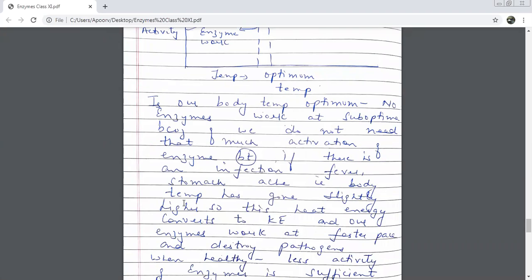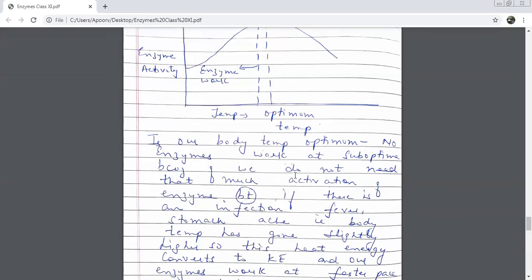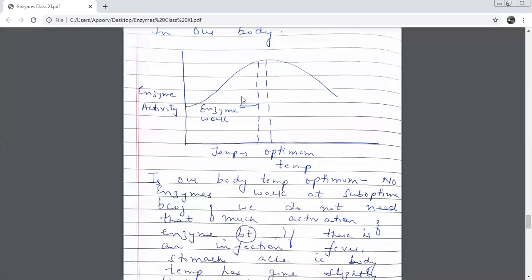The temperature of the body has gone slightly higher. So what will happen to this heat energy? This heat energy will convert into kinetic energy. And as soon as your energy level increases, the enzymes will come to which point from their suboptima?